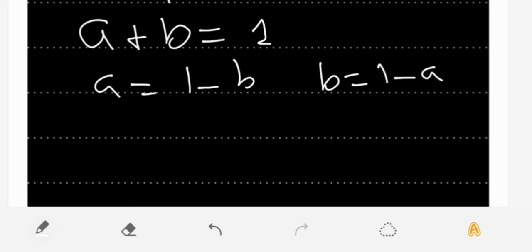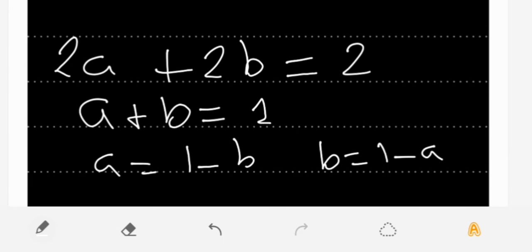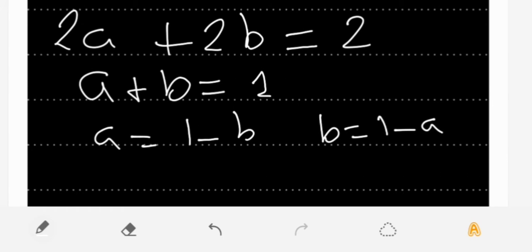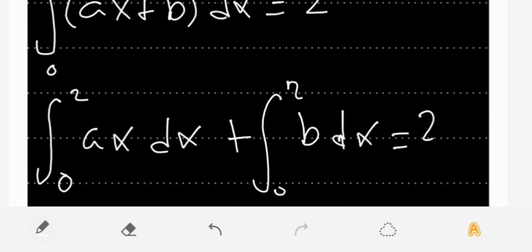Now look, you can say two things over here. You can say that a is equal to 1 minus b, or you can say that b is equal to 1 minus a. Which one are we going to use? This is important, because this is when you are thinking ahead while you are answering the question.